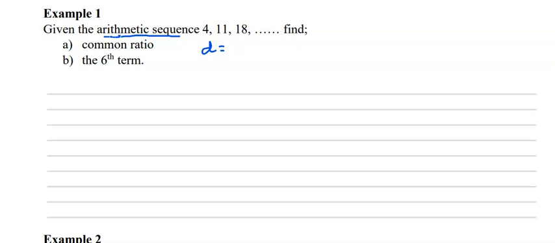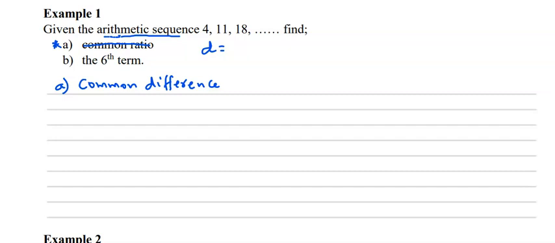For this particular question, which is the very first example under arithmetic sequence, this is not supposed to be common ratio. Rather, part A would have read, find the common difference, because an arithmetic sequence has what we call a common difference. I believe whoever typed this question made an error in part A.